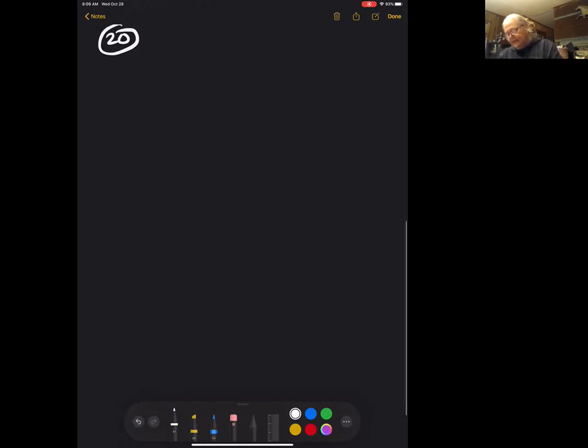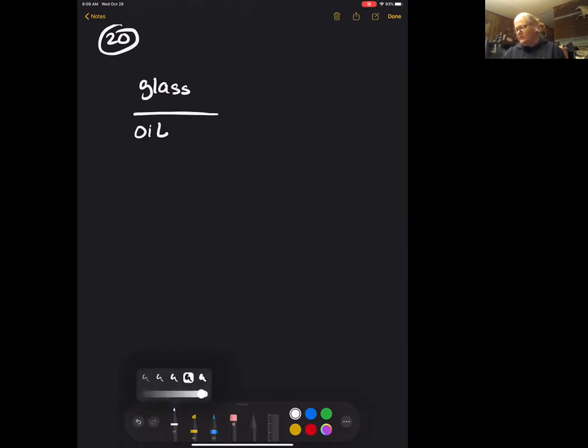Okay, so basically what I've got is a glass rod and then it's got oil on the outside. So there's going to be light inside the glass and it's going to try to go to the oil. The first thing I need to do is find the index of refraction of oil, which I don't know.